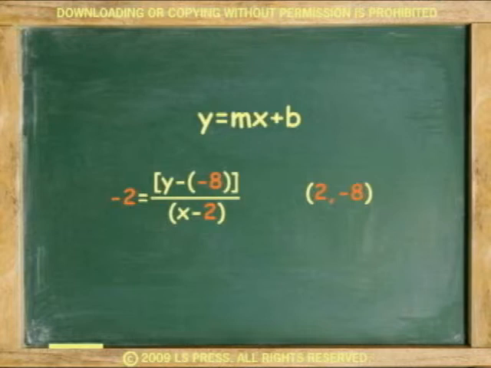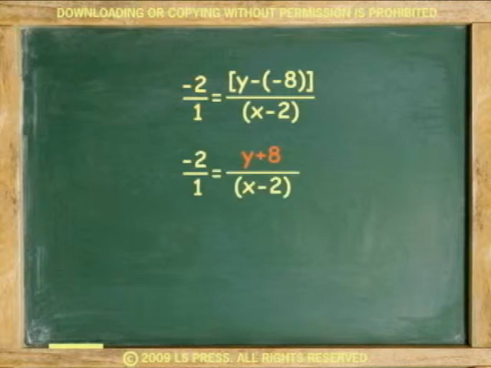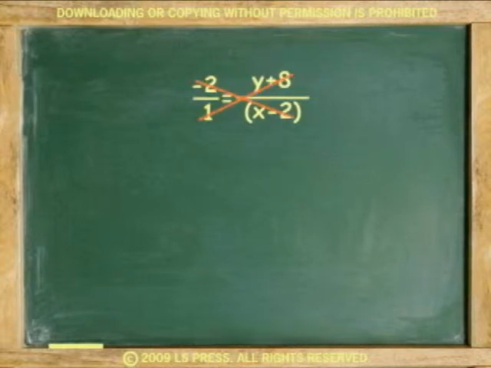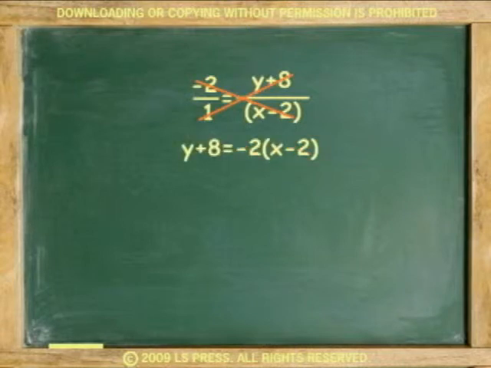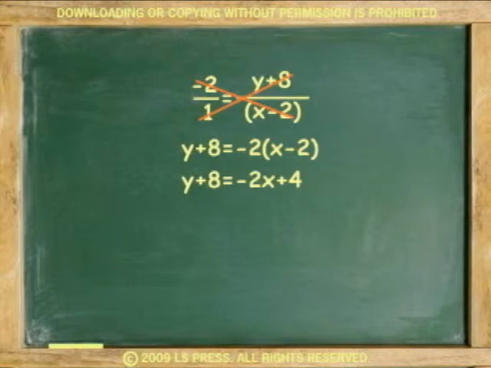Solving the equation for y, -2 over 1 equals (y plus 8) over (x minus 2). Multiplying across, 1 times (y plus 8) equals -2 times (x minus 2). Distributing the right side, y plus 8 equals -2x plus 4.